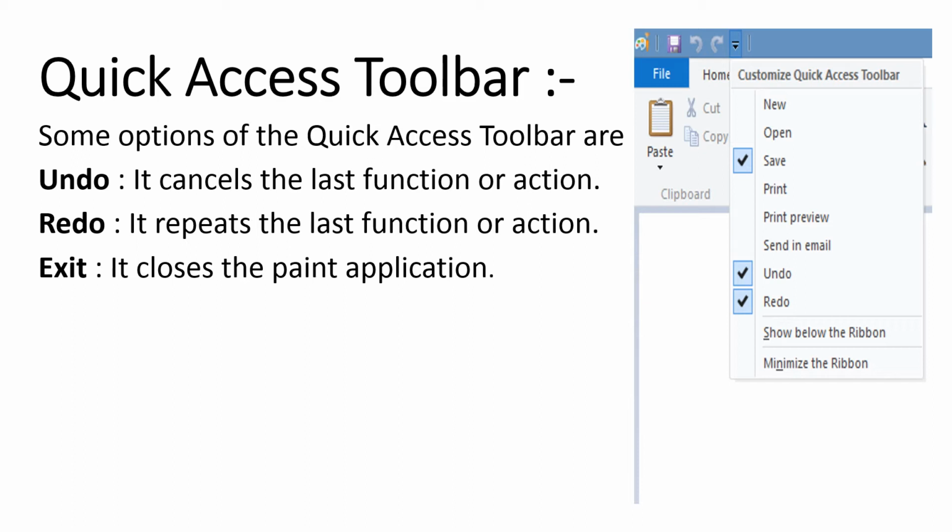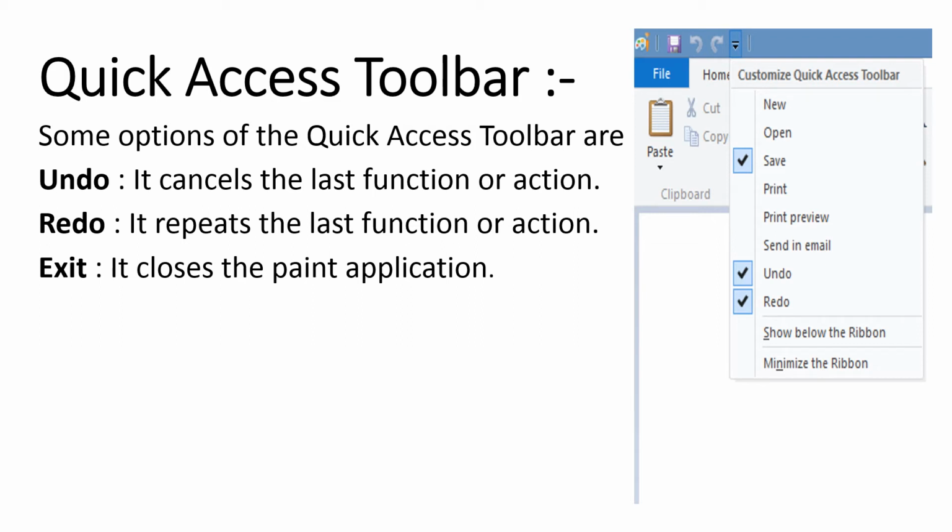Now for example, undo, redo and exit button is already present by default on the quick access toolbar, fine. Now you can also add any of the option that you want on the quick access toolbar, whichever option you use more, that option you can add in this quick access toolbar so that you can easily access your favorite options, okay.